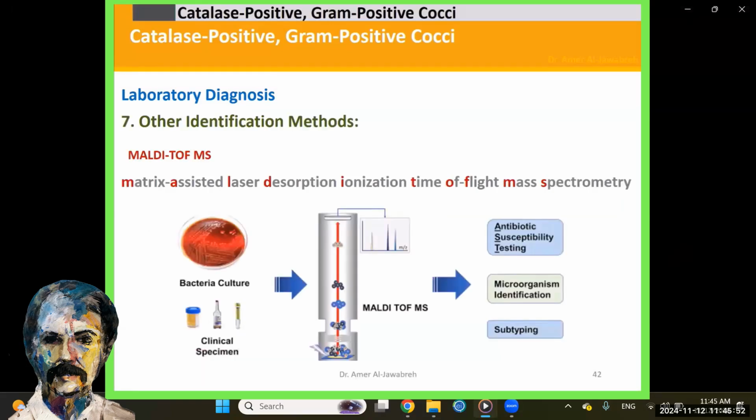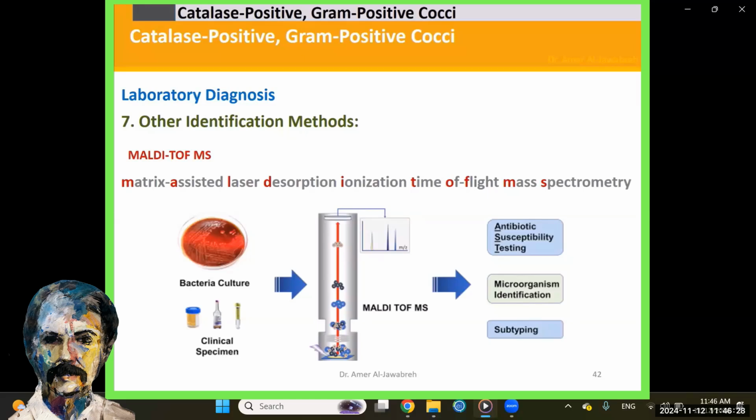Number 7, another identification method which is very effective, but expensive and not very much used, is MALDI-TOF MS, mass spectrometry. It's matrix-assisted laser desorption ionization time of flight mass spectrometry. This is a machine where you take from the culture, and within a period of time, you will get AST, antimicrobial susceptibility testing, identification, and even subtyping.